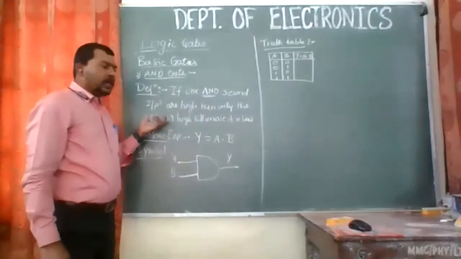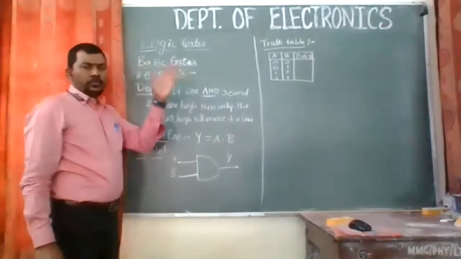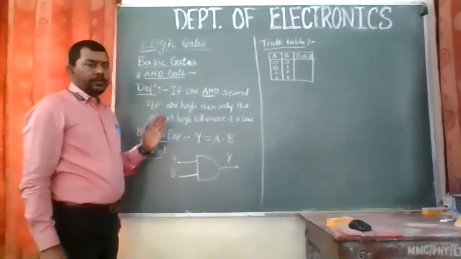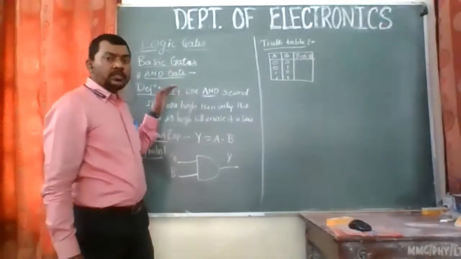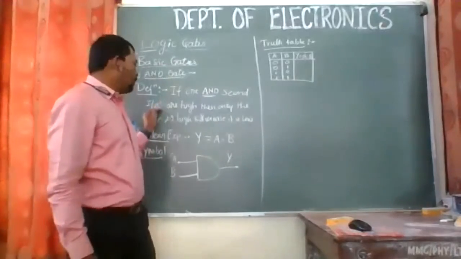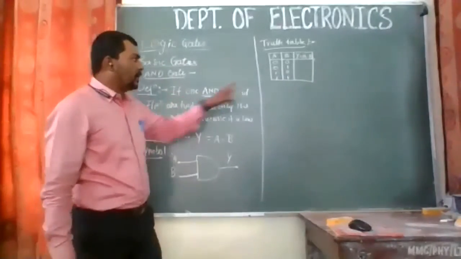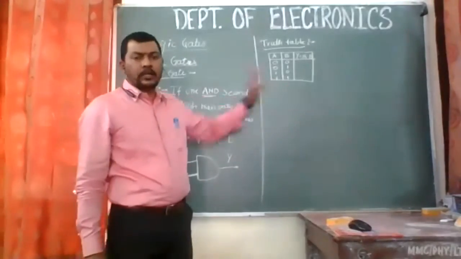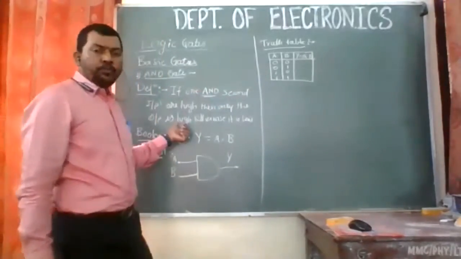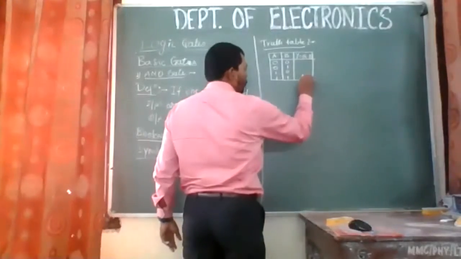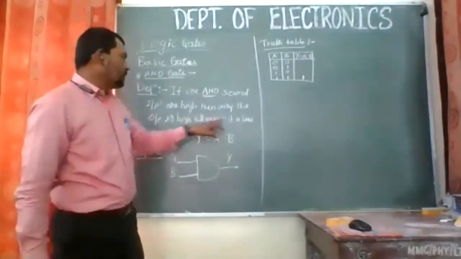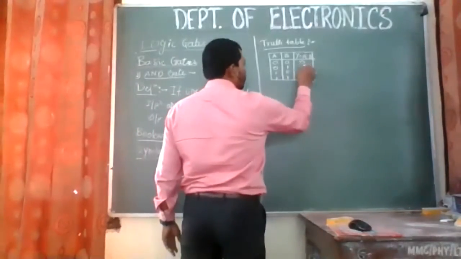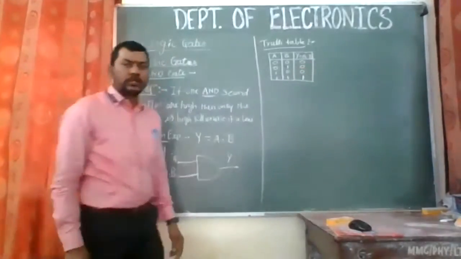According to the definition of the AND gate, if the first and second inputs are high, as in the fourth situation, then only the output is high. That means it will be 1 here, otherwise the output will be low. So we write 0, 0, 0 for the other combinations of the inputs.